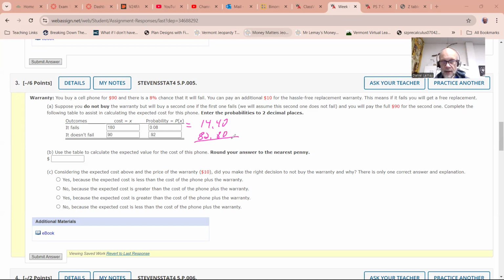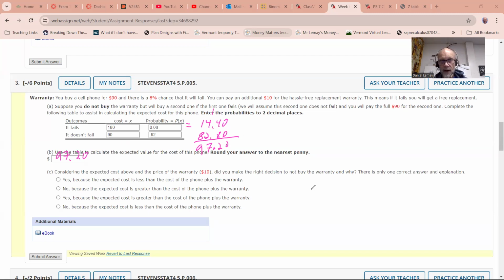When I add those together, let's see, what is that? 20, carry the one, 6, 7, so 97.20 is the expected value for this phone. So if I don't buy the warranty from them, I'll spend $97.20 on it in the long run.